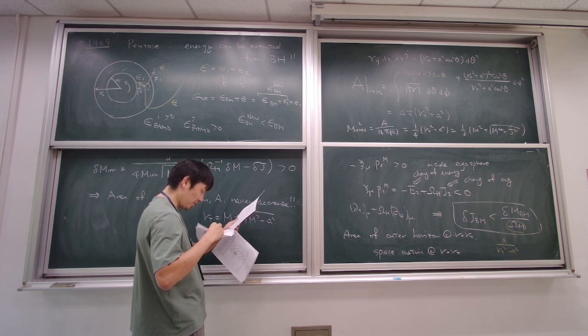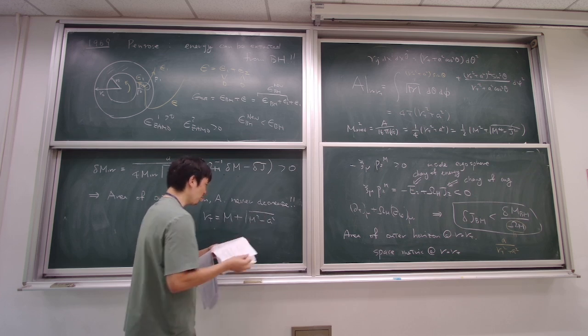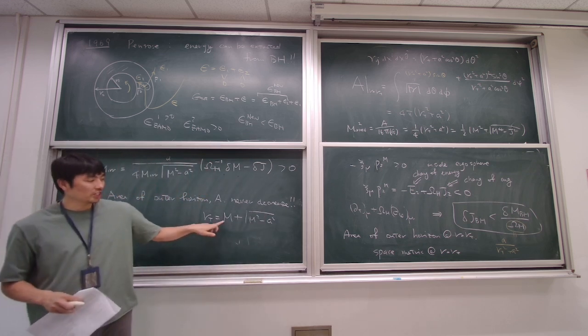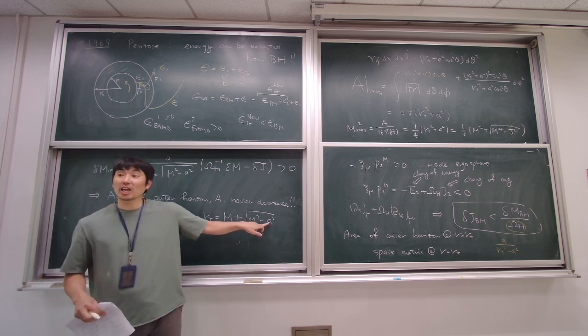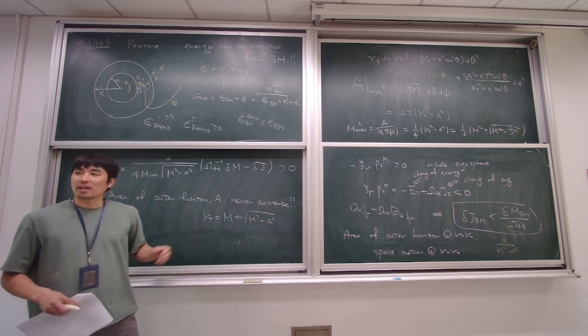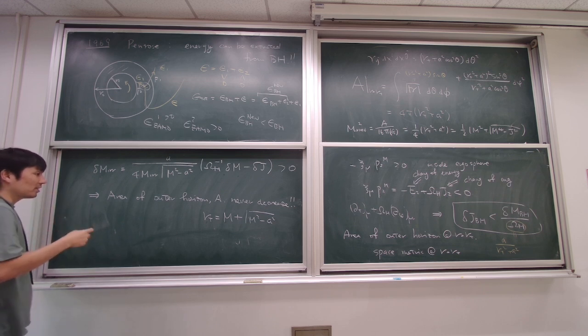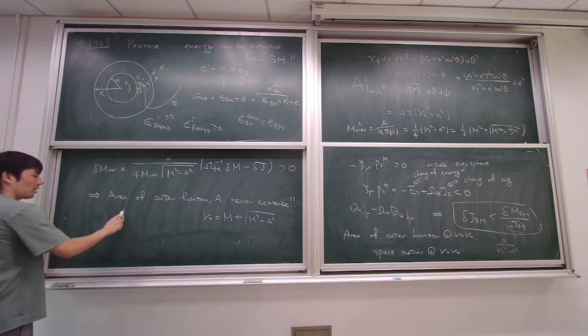It should be okay, right? So if you change M, you also change a, which is related to J. So therefore, the area can never decrease. It can increase, and in fact it has to increase, or at least never decrease.